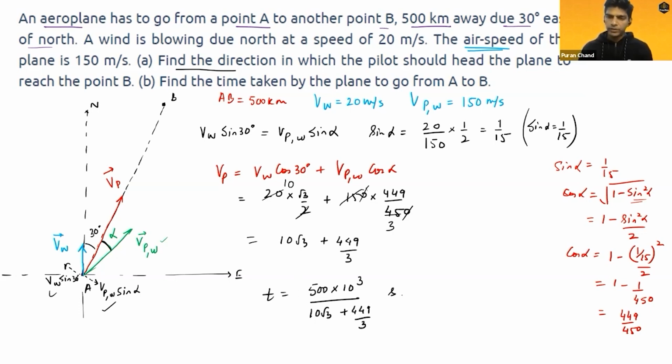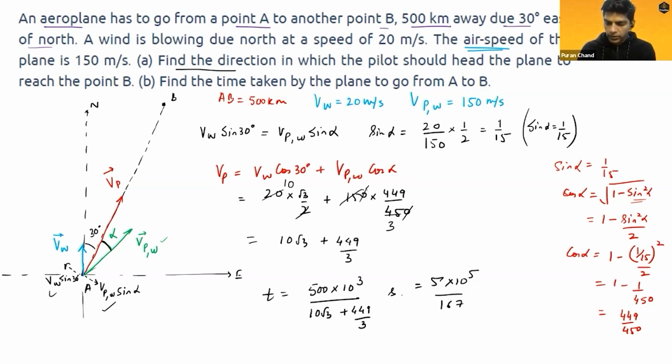If we simplify this, we have 10 root 3 plus 449 divided by 3, so it is around 167. So it is 5 into 10 raised power 5 upon 167.